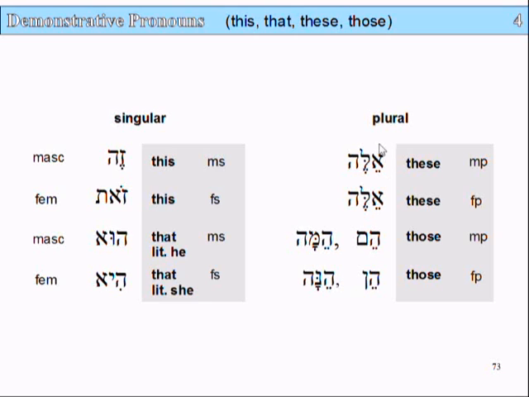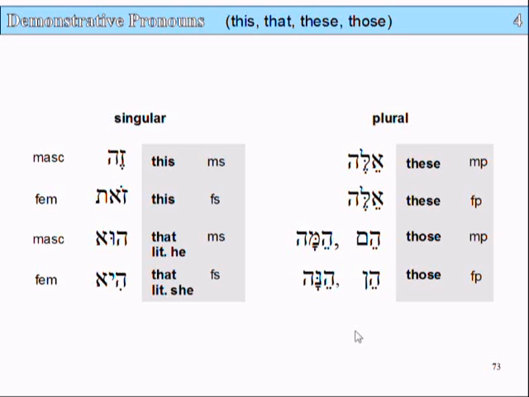And again, it's just a matter of learning these. Zay and zot, that means this. And hu and hi, that means he or she, but it also means that if it's a thing. And the word for these in Hebrew is eleh. And the word for those is hem or hema if it's masculine things, and if it's feminine things, it's hen or hena.